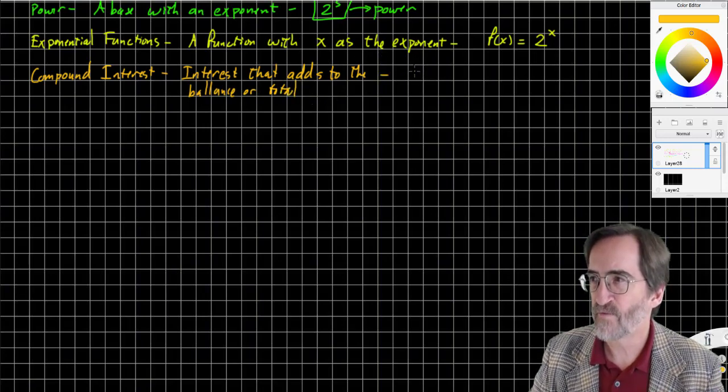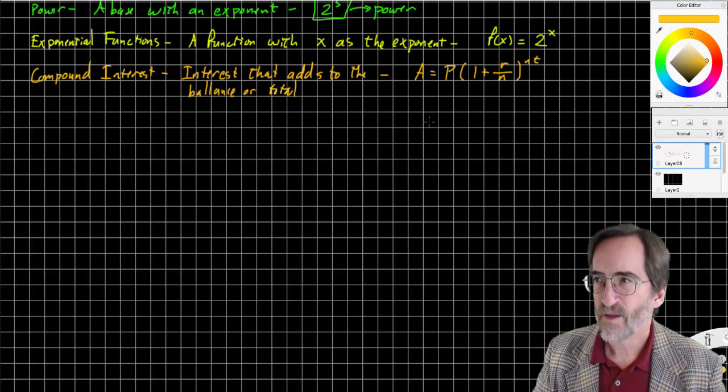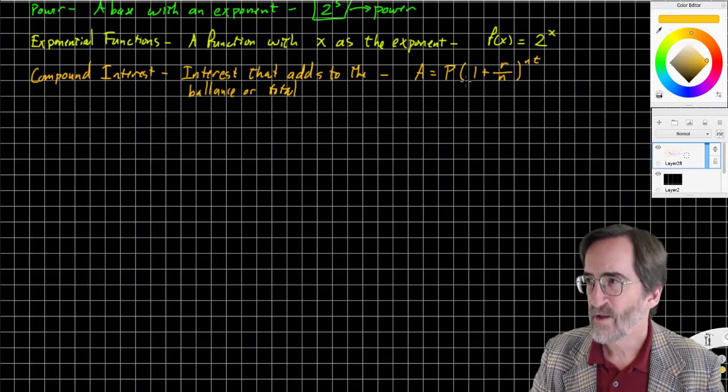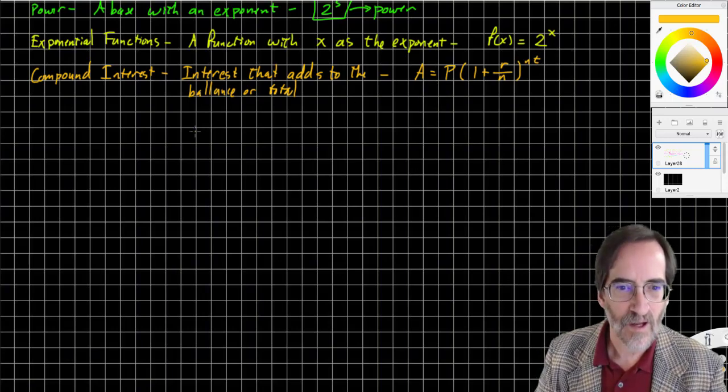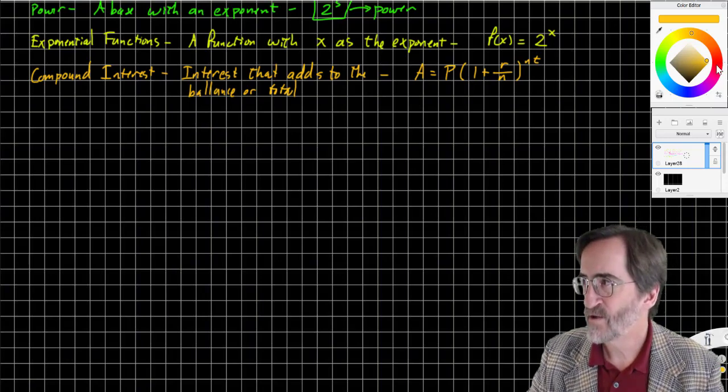So an example of compound interest, the amount in account is principal times 1 plus the interest rate, the APY, divided by the number of compounding periods, to the power of NT. Compound interest.